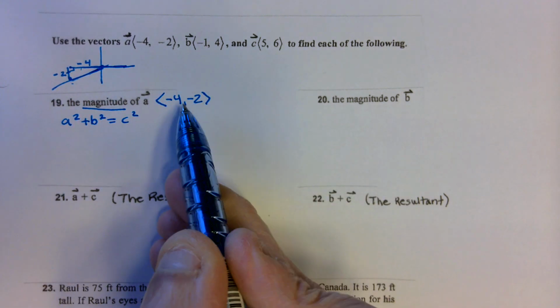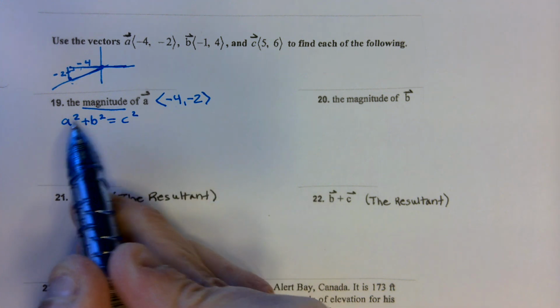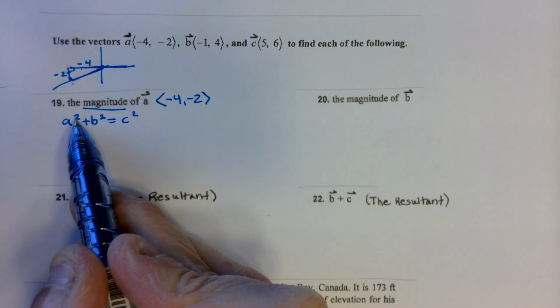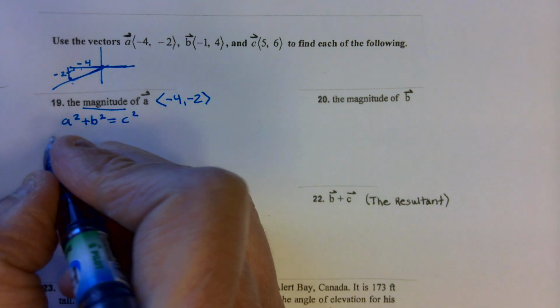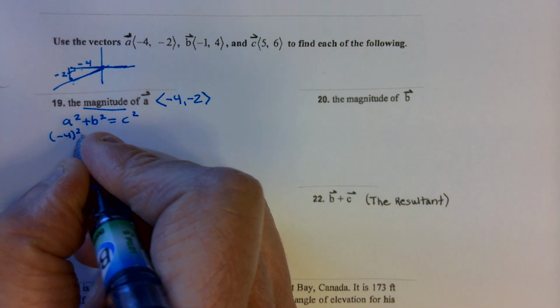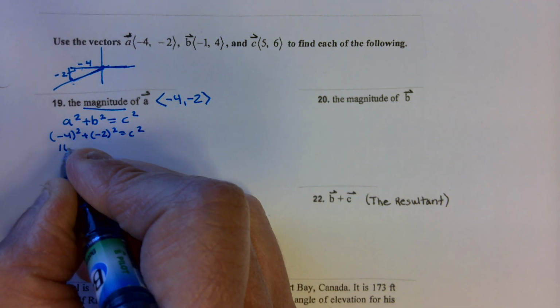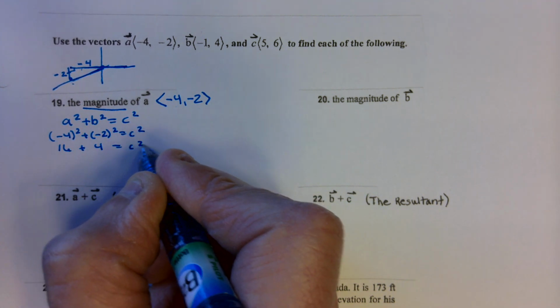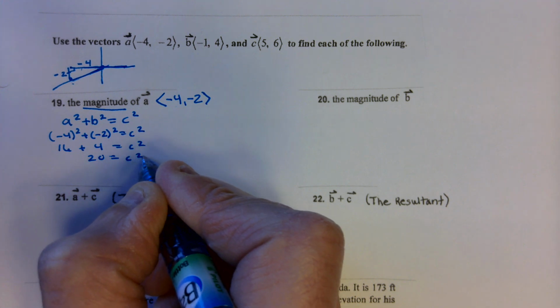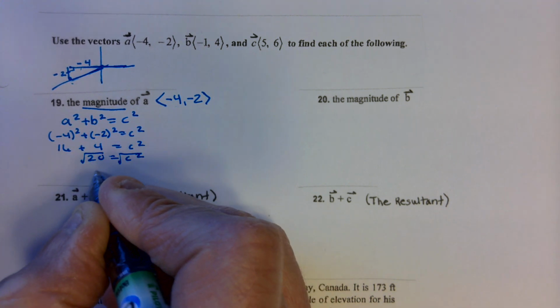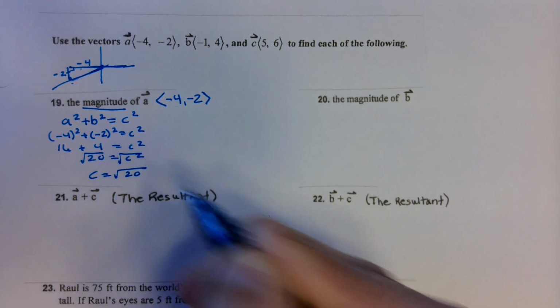And you just have to be careful because remember, when you substitute negatives in and then you square them, what happens? It's always positive. So we got 16 plus 4 equals c squared, 20 equals c squared, square root. So c is equal to the square root of 20.